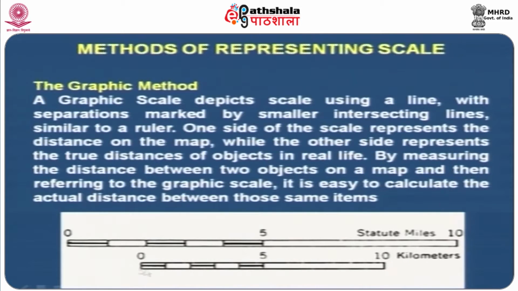Normally we have the intersecting lines shown as a ruler, just like a ruler. What does it do? It represents the objects in true values with respect to the objects in real life. Very important is that, if this is going to be 1:1 mile or 1:1 kilometer, obviously this will become a larger scale when compared to, say, the mile.